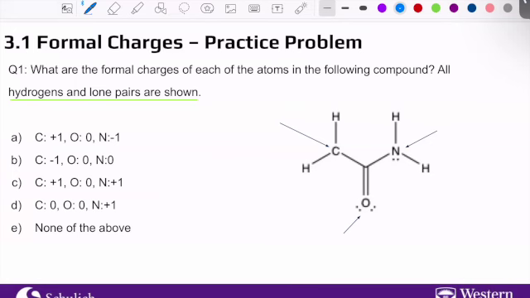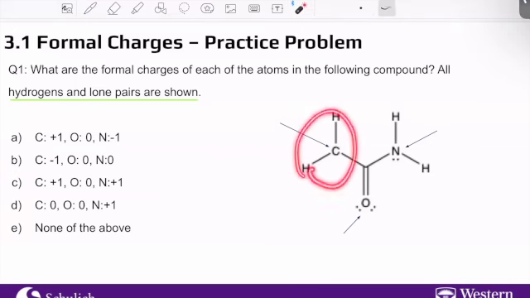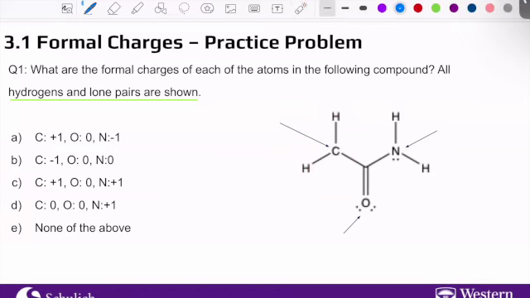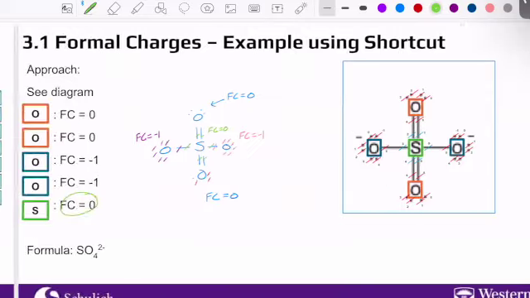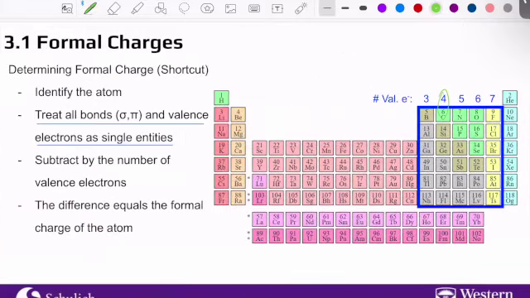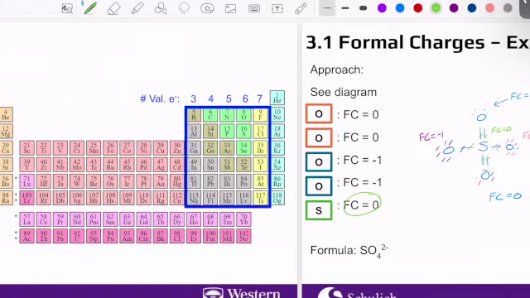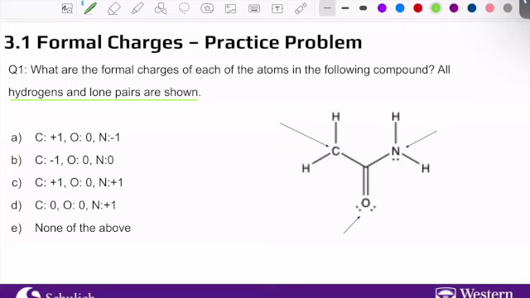I'm going to start on the left here with this carbon. With this, we know carbon has 4 valence electrons, meaning if we apply the shortcut, it should be 3, 2, 1, meaning the formal charge of carbon is plus 1.